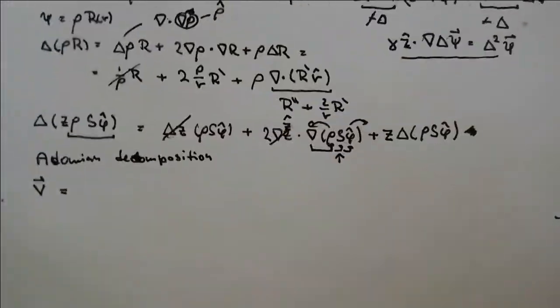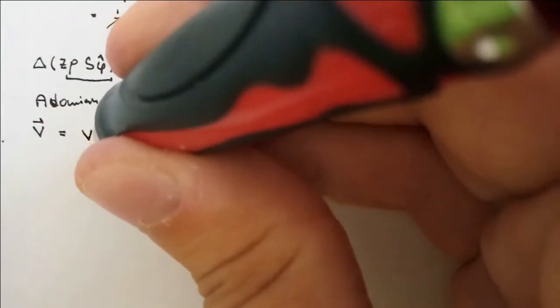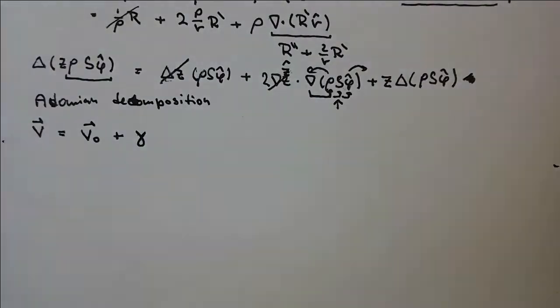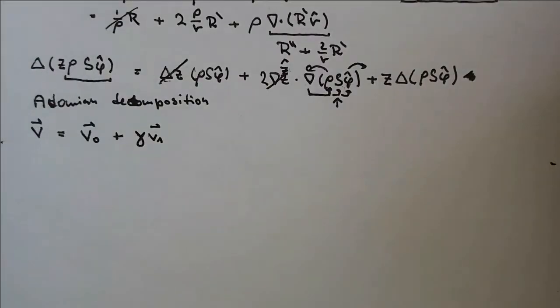So we will decompose our solution into the solution we have found earlier. This is the Stokes flow equation. This is the solution for gamma equal to 0, and the second term will be proportional to gamma. So let's call it the V1 vector field.